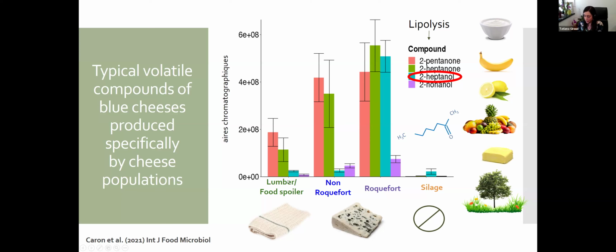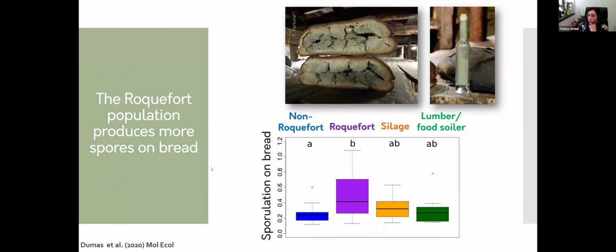So again, it looks like there has been a selection for making good cheeses with this population. And then we looked at the ability to produce spores on the ancestral-like medium. We use bread to make these spore powders to inoculate the cheeses. And this time it was the Roquefort population, the ancestral-like domesticated population, that produced more spores on bread, while the non-Roquefort one, which had been selected more recently and is cultivated on Petri dishes, didn't show this pattern.